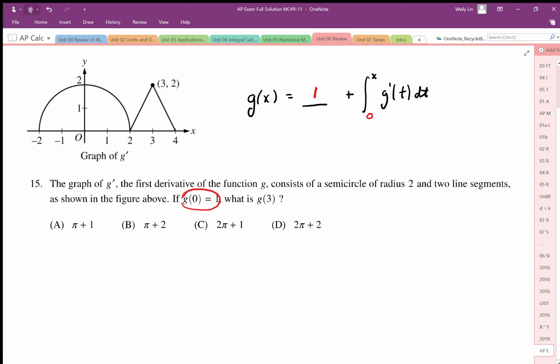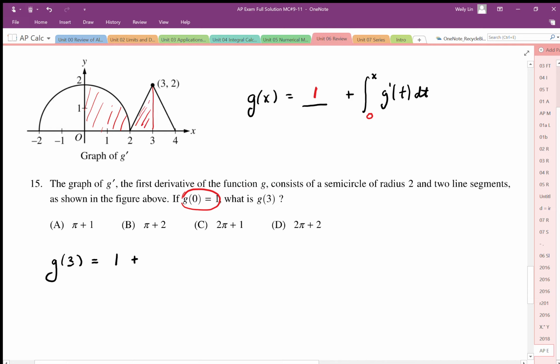Once we set that up, we want to find g of 3. So g of 3 must be equal to 1 plus the area under the curve from the starting point, 0, all the way to x equals 3. So it's going to be plus that area there.